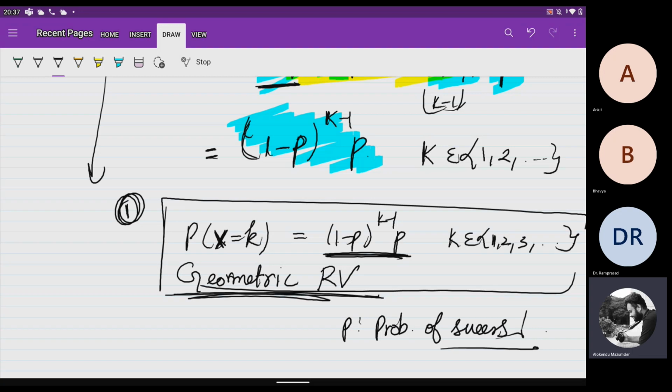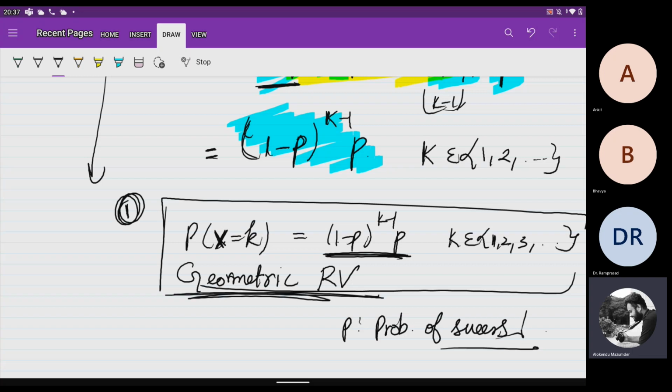Now, let's talk about something, binomial PMF. So when you say probability of success, you mean the number of times you get a head over the total number of times you toss. Yeah, exactly.